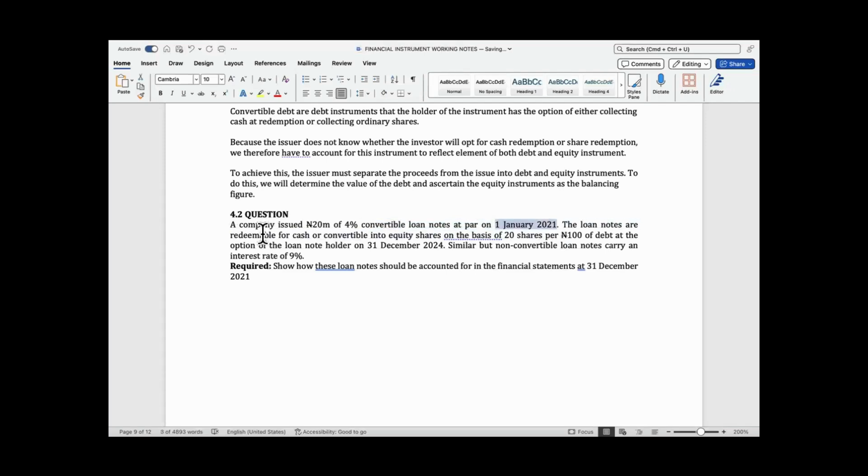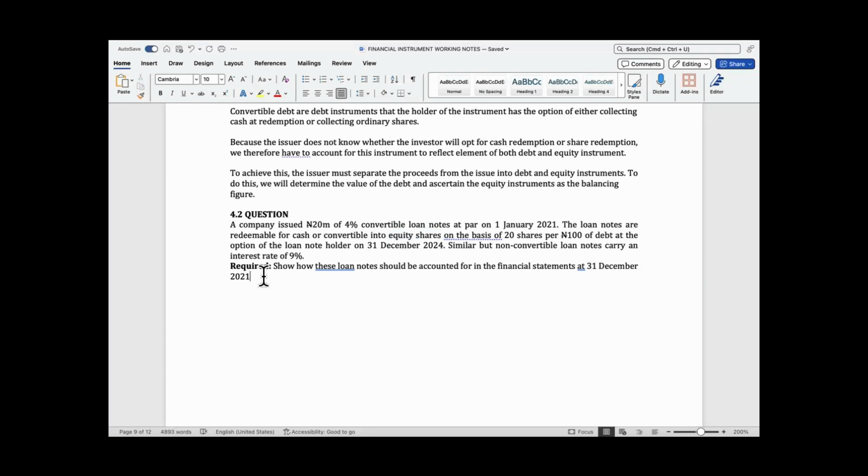The loan notes are redeemable for cash or convertible into equity shares on the basis of 20 shares per 100 naira of debt at the option of the loan note holder on 31st December 2024. Similar but non-convertible loan notes carry an interest rate of 9%. Required: show how these loan notes should be accounted for in the financial statements at 31st December 2021.